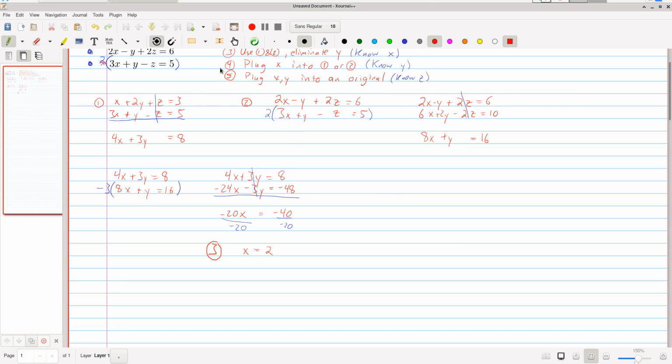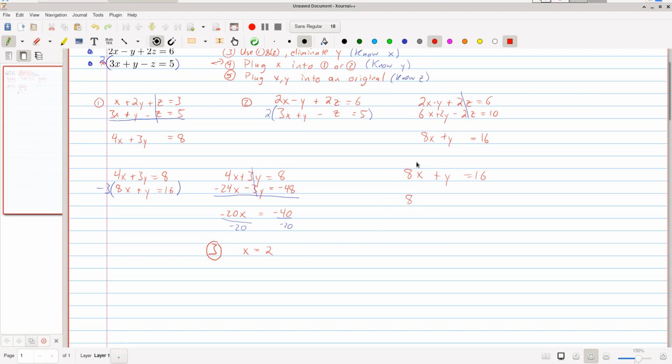If you look at the next step in the procedure, we're going to plug that x value into either equation number 1 that we found or equation number 2. Since we're going to be solving for y, I want to plug it in here because y has no coefficient. So I'm going to take 8x + y = 16 and plug in the x value we just found.